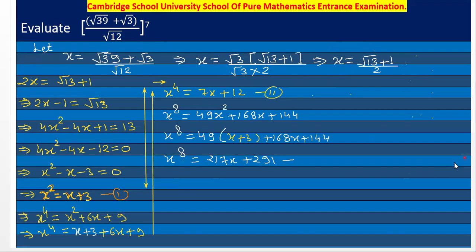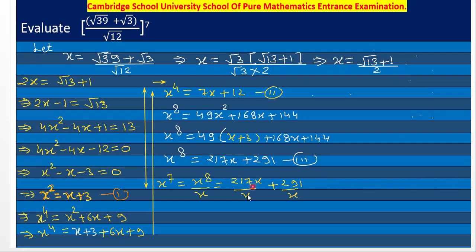To get the value of x power 7, we have x power 8 upon x. In place of x power 8, we can write 217x plus 291, that is 217x upon x plus 291 upon x.